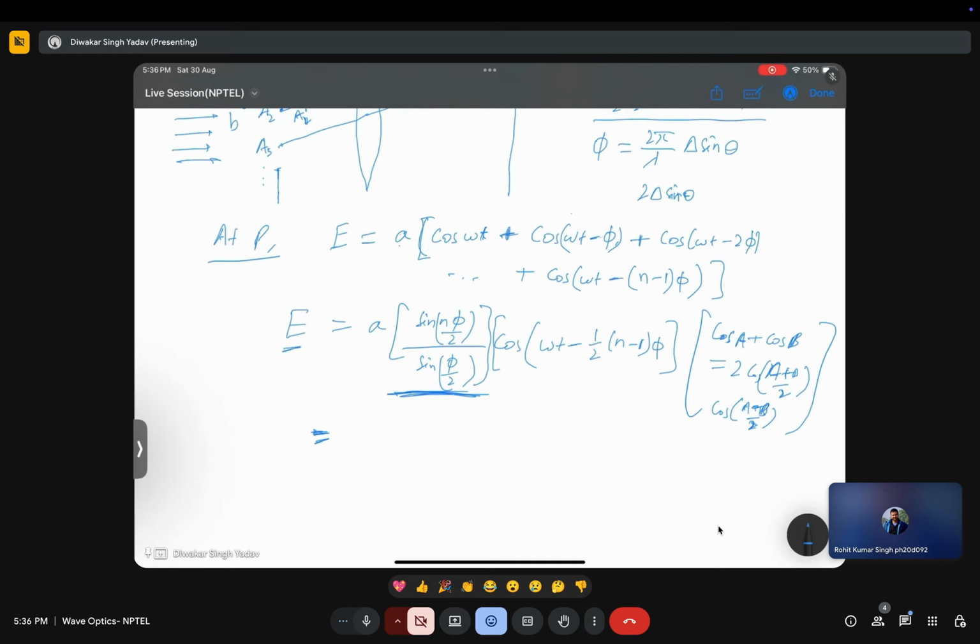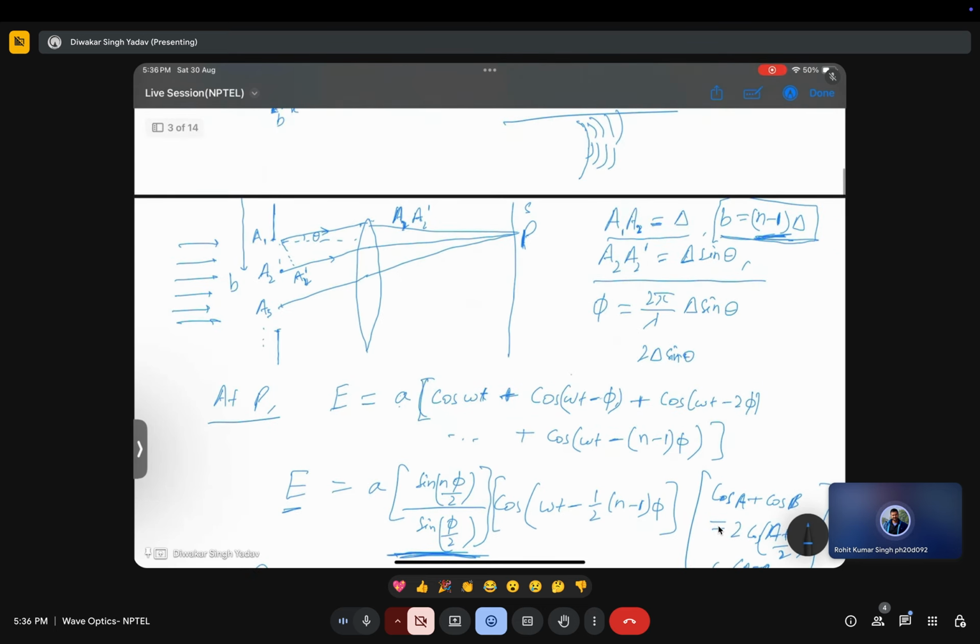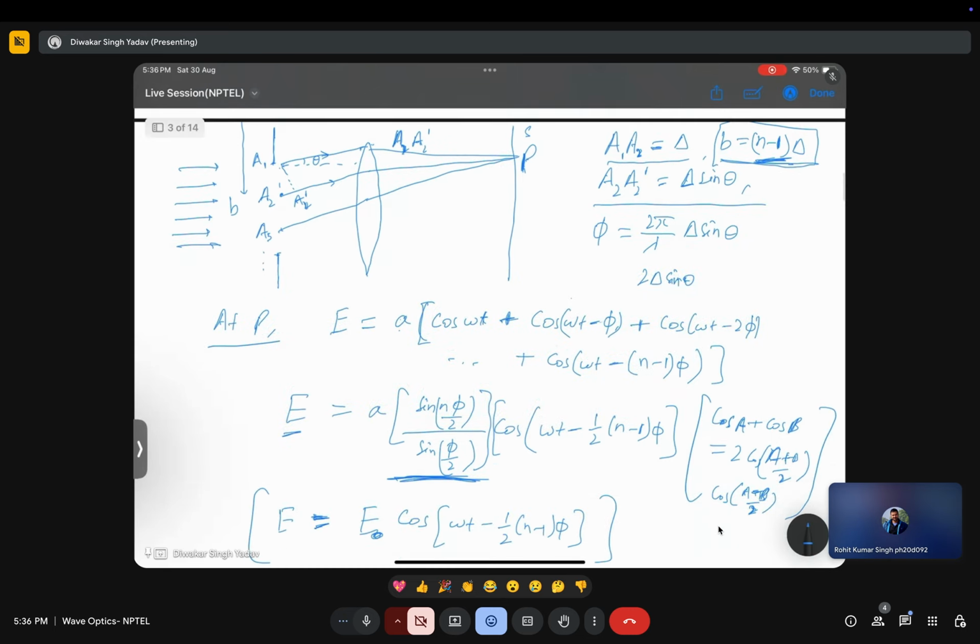Let's call it E naught, and what you have in cos is omega t minus half n minus 1 phi. So this is the resultant electric field due to all the different wavelets coming from the same wavefront.